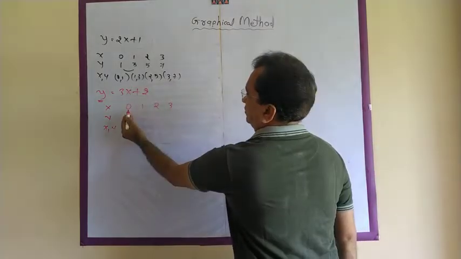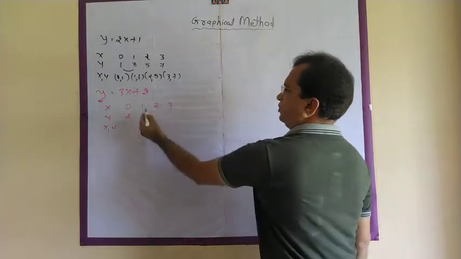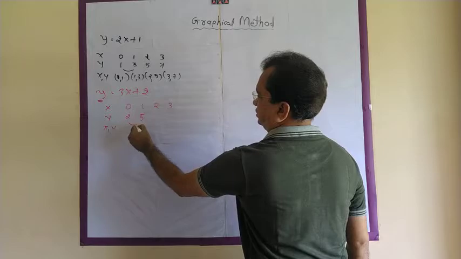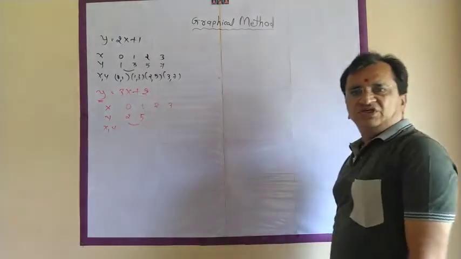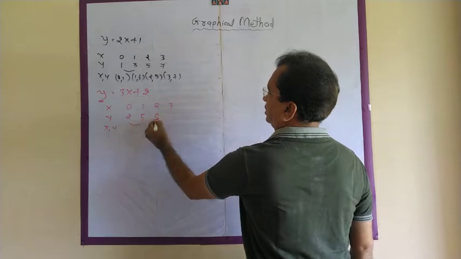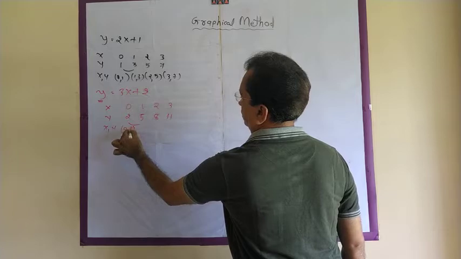So substitute 0, you will get 2. Substitute 1, 3 ones are 3 plus 2, 5. Now check the difference. 3 is the difference. 2 plus 3, 5 plus 3, 8 plus 3. So your coordinates are ready without rough work.